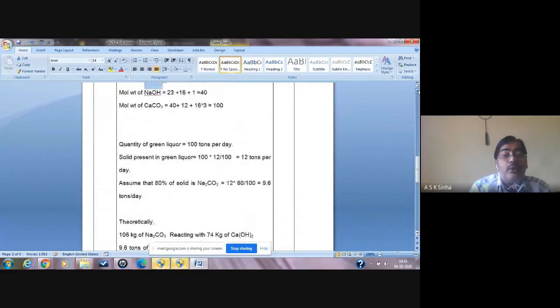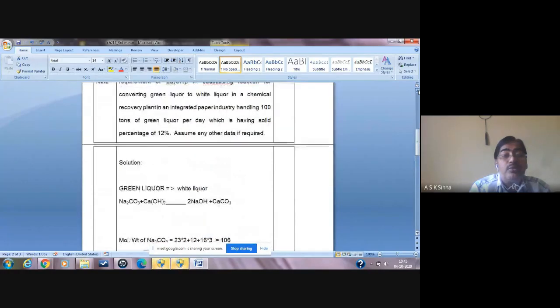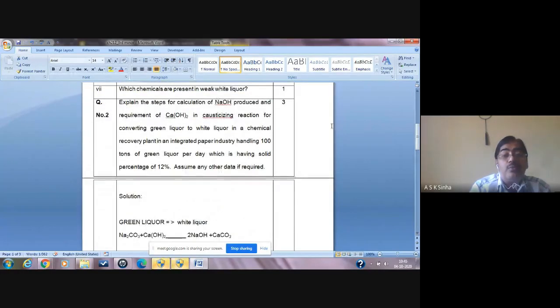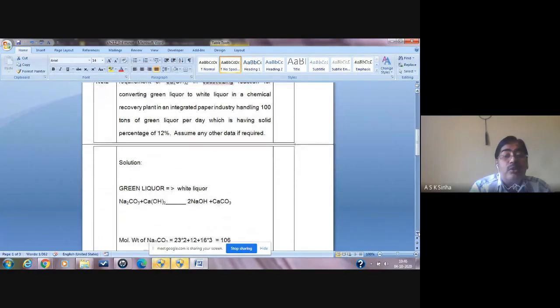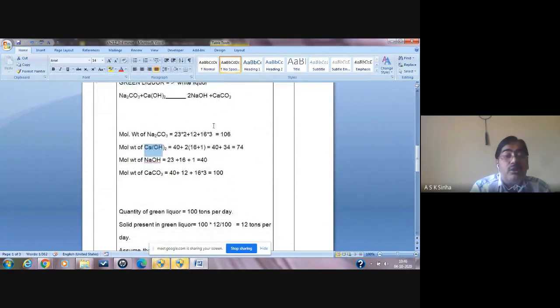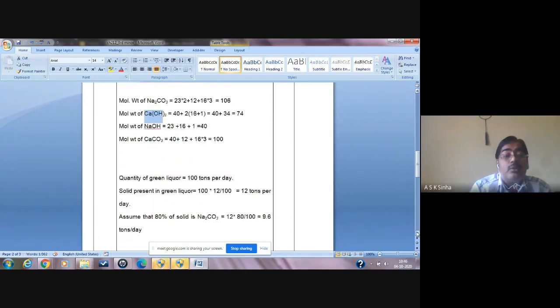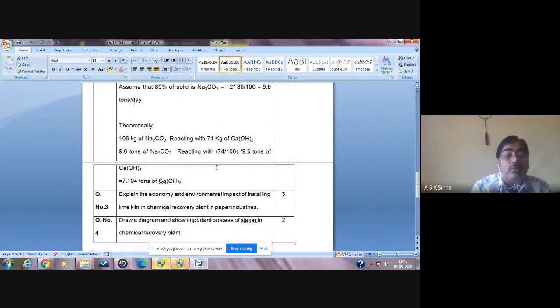The other part was to get the quantity of the NaOH produced. How much NaOH is produced here? You can see here 2 NaOH is produced. That means we are getting 40 into 2, 80 kg of NaOH will be produced from 106 kg of the Na2CO3. Right, so 80 kg you can take it here.